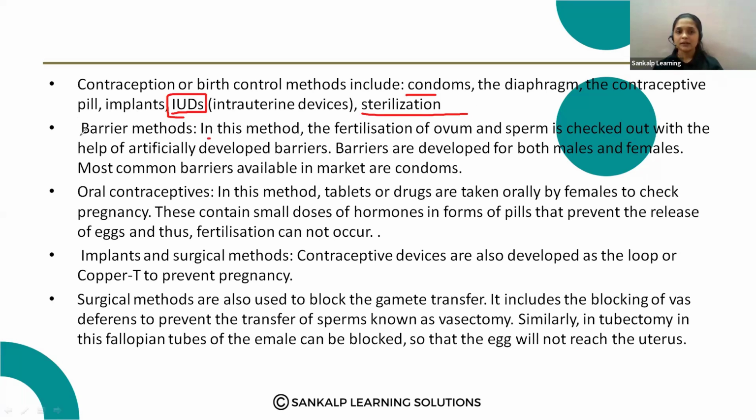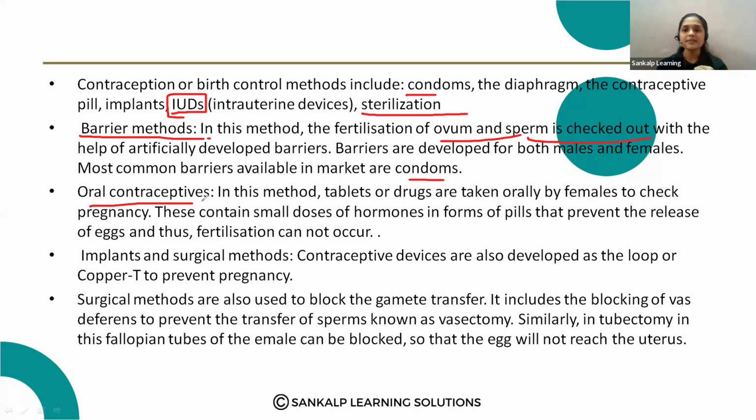In this method, there is no fusion of ovum and sperm because an artificial barrier is used, that is nothing but the condom. So in this method, condoms are used as a barrier that prevents the fusion of sperm and ovum. And oral contraceptive means oral pills.